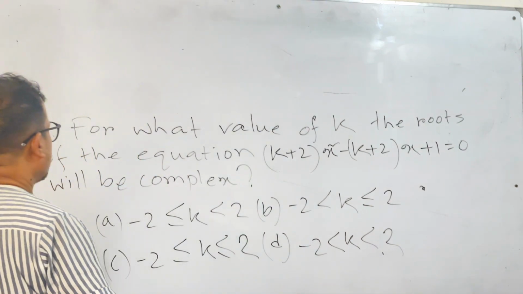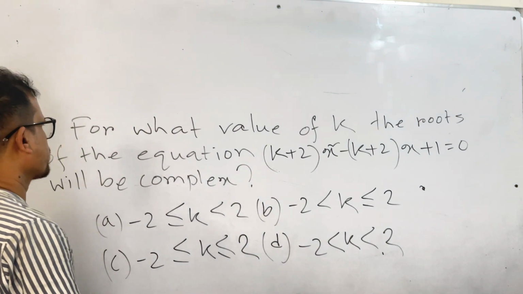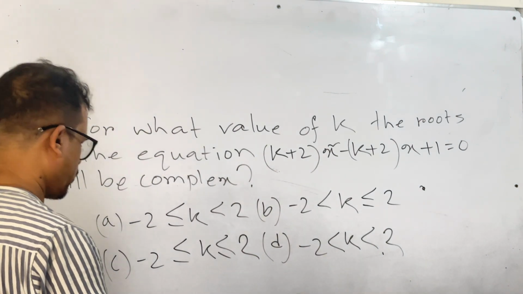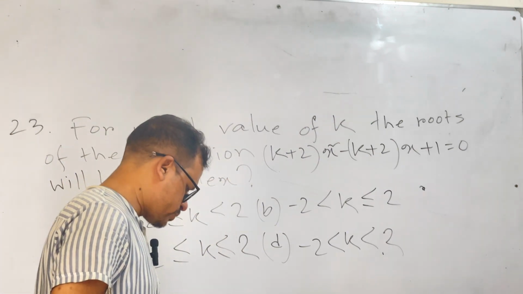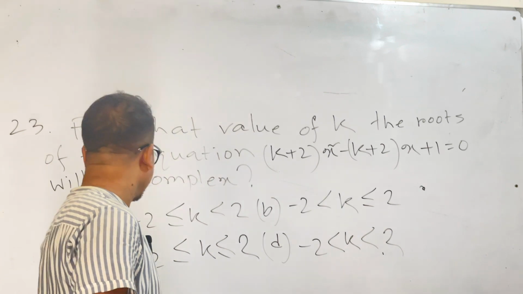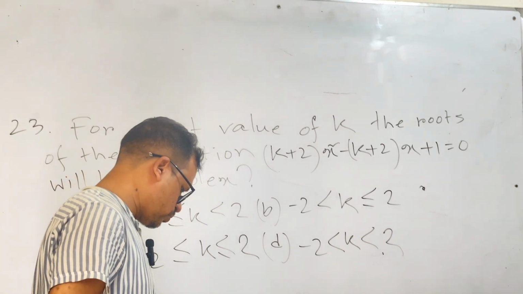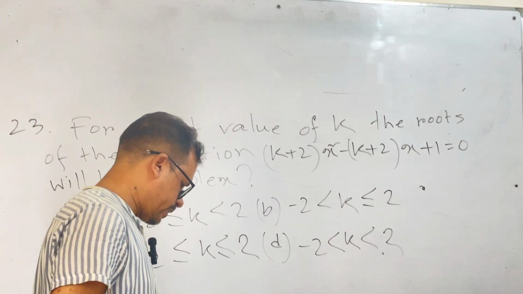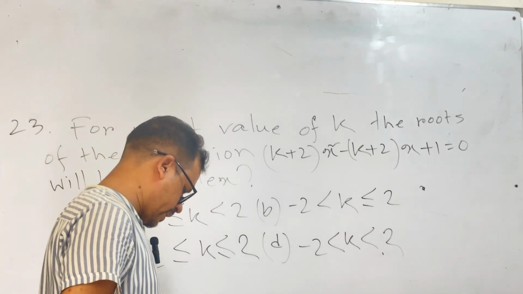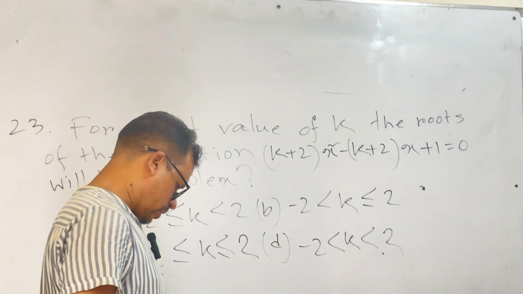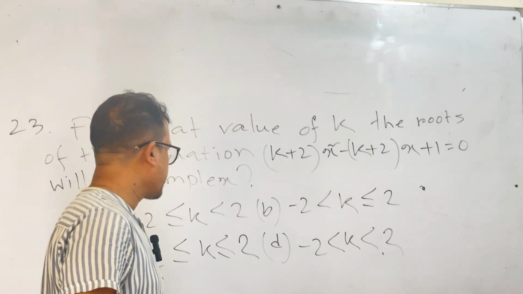Okay, we have to find the value of k for which the roots of the equation (k plus 2) x squared minus (k plus 2) x plus 1 equal to 0 will be complex. The options are minus 2 less than k less than 2, and so on.